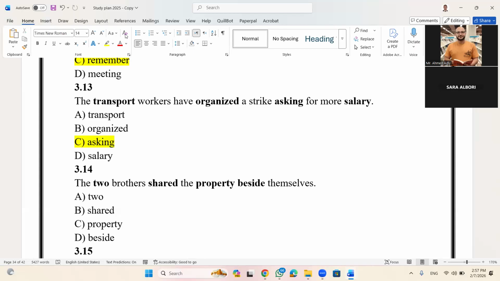For example, you asking me to make the class at 1 or 2. So this is a request. But when you organize a strike like a protest or something, it's better to use demanding. Demanding here means to ask but by force. All right. Next.